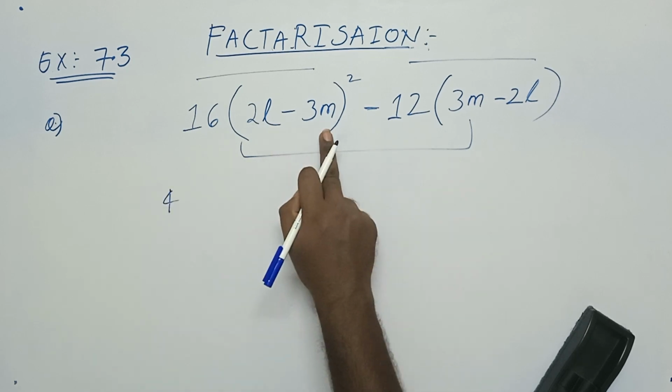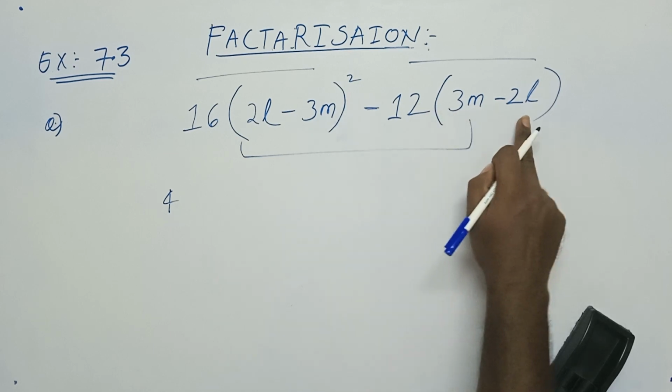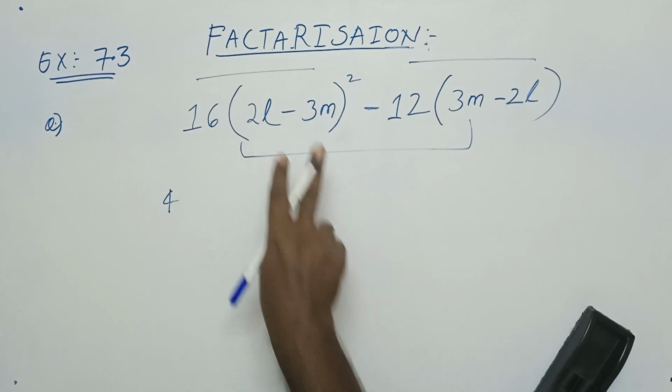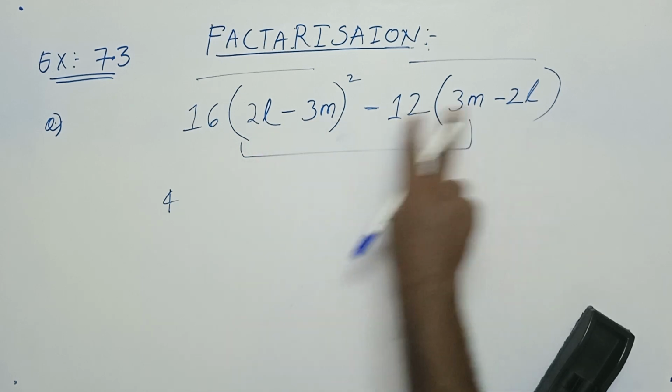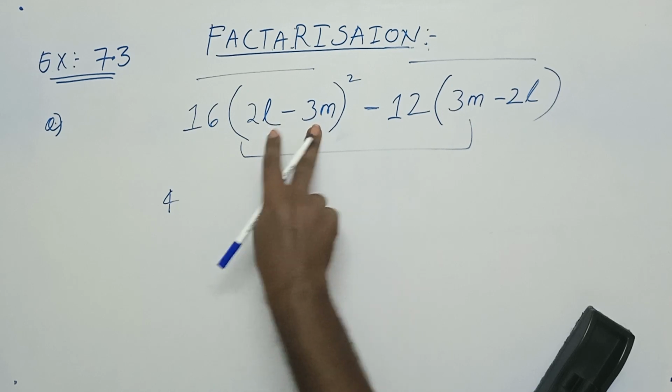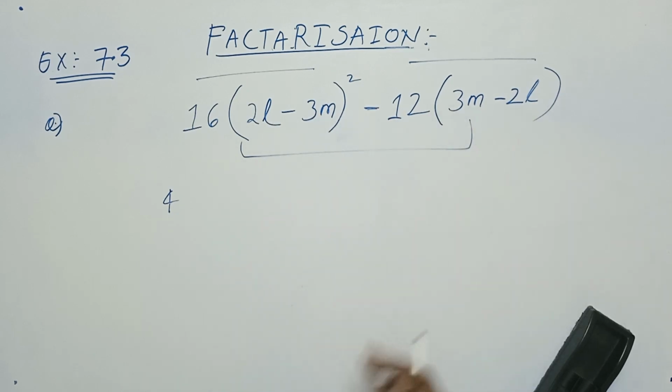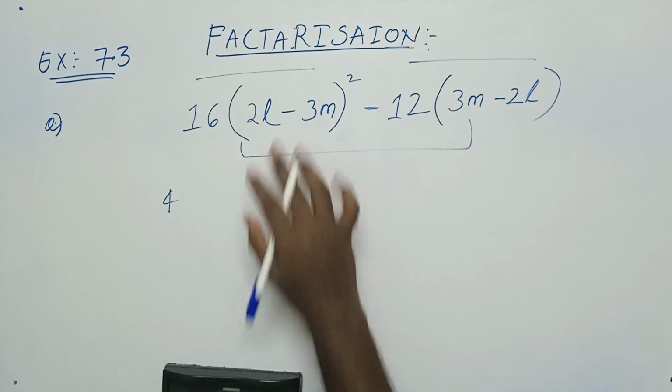So (2l minus 3m) whole square, and (3m minus 2l). That means the terms within the brackets are similar, but there is a little bit of change in their signs. So now we are going to change the term.